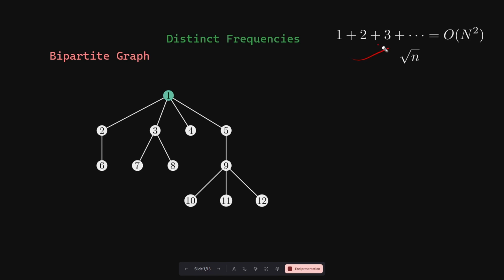Same for an element with frequency 3. So if you sum up all the frequencies, you will see that it grows quadratically. That means since there are a maximum of only n different elements, you can have a maximum of root n distinct frequencies only. And soon we will see how this observation will help us to figure out that the total number of rounds will be small as compared to n.